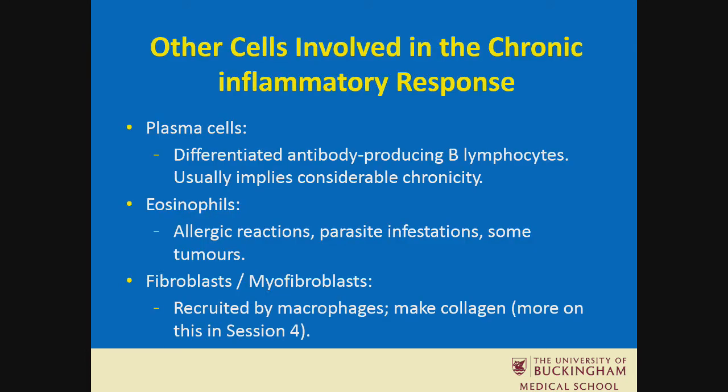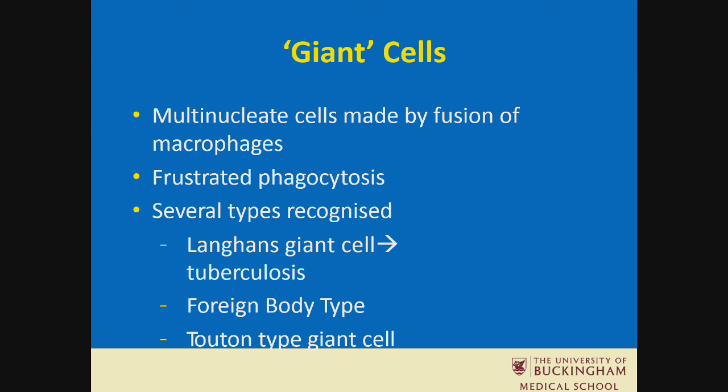And the next one is fibroblasts or myofibroblasts. They are involved in fibrosis. In chronic inflammation there is fibrosis, and so fibroblasts are involved. And then the next big group is giant cells. There are different types of giant cells. Giant cells are multinucleated cells.